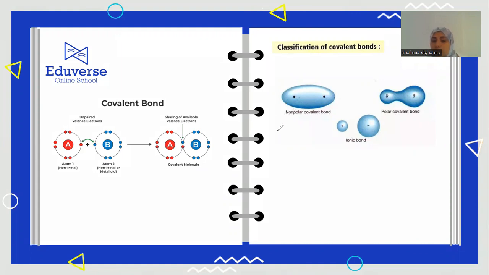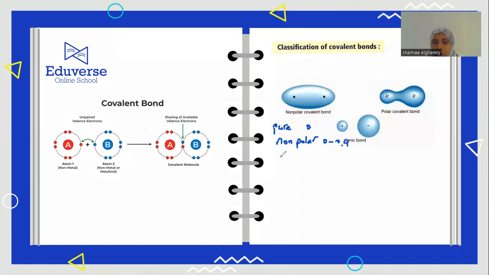In polar covalent bond, so in pure covalent bond, the difference in electronegativity equals 0. In non-polar covalent bond, the difference in electronegativity is greater than 0, up to 0.4.